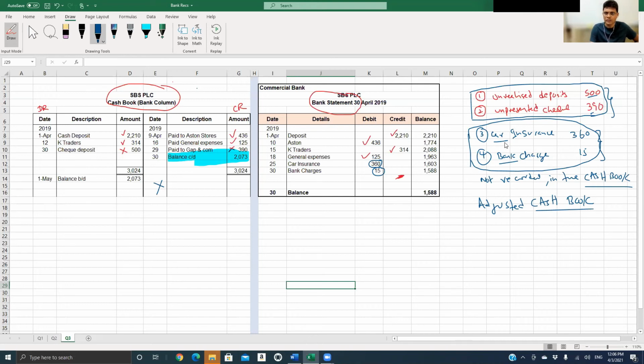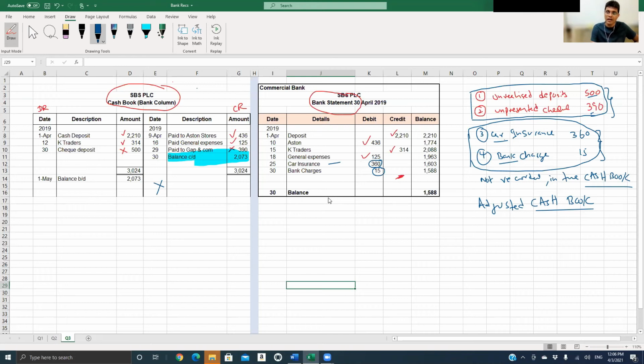So car insurance. What is this car insurance? Okay, this is an insurance payment. Why has the bank debited our account? Because probably we would have given a standing order.